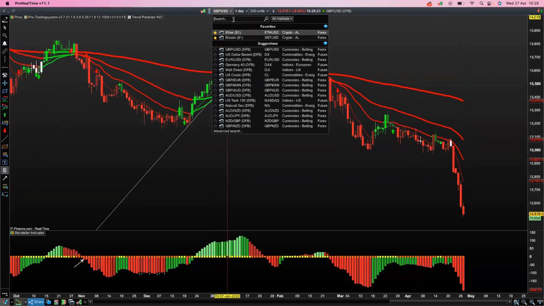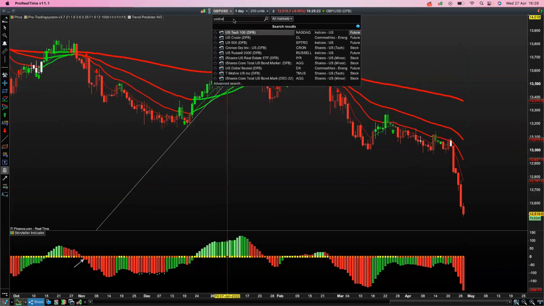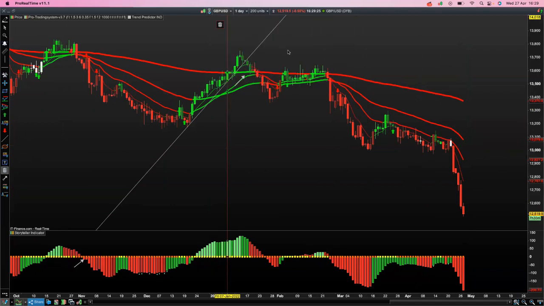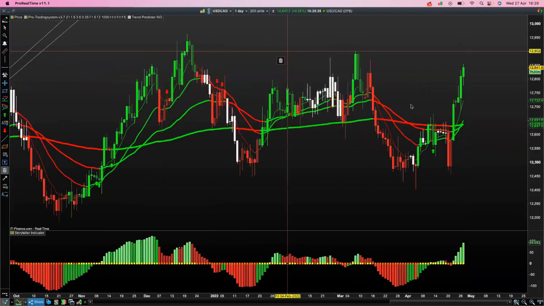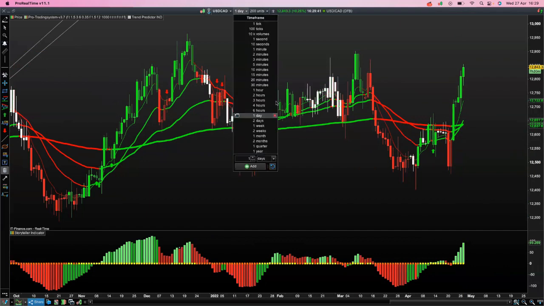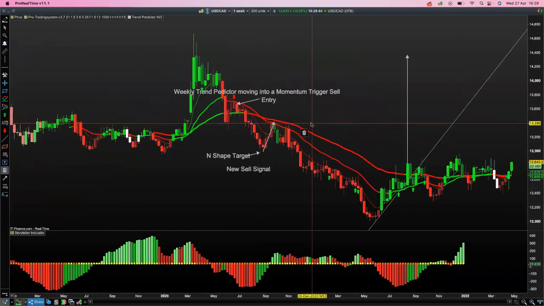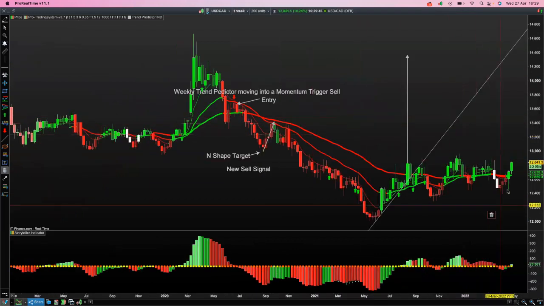We'll have a quick look at the dollar CAD here. Dollar CAD had a heck of a reversal last week, and now again we're just into an area where the market has stalled before. It's just long and looking long on the daily, and now we have a new momentum trigger PTS combination here on the weekly.